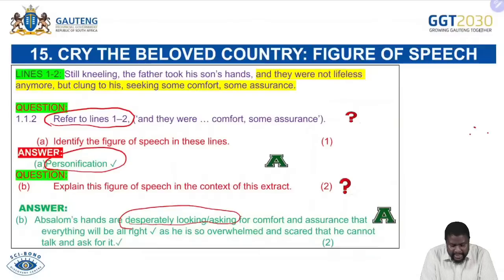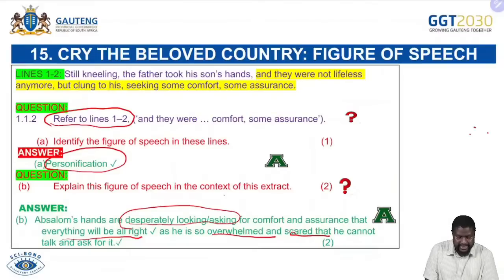So here, the hands are desperately looking for comfort, that everything is going to be all right as he is overwhelmed. Why is he looking for comfort? Remember, you must explain why the figure of speech is relevant. Why is this figure of speech relevant in the extract or in this context? Because he is overwhelmed and scared that he cannot talk or ask for it. So the hands have been personified, or they've been given human qualities.